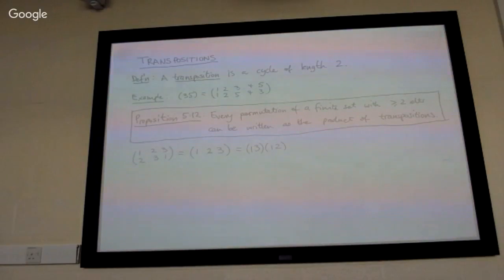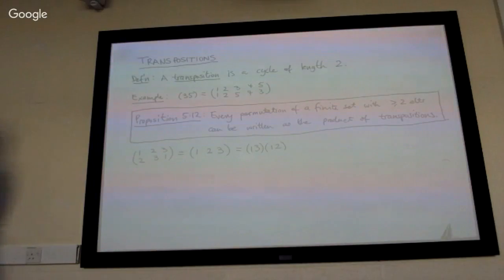No. That doesn't work. What have I done? Oh, it does work. Because we're reading it from the right.